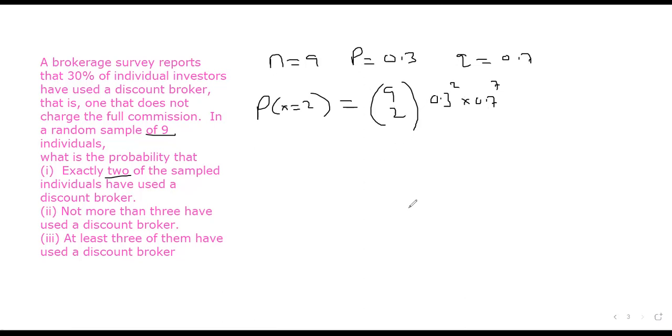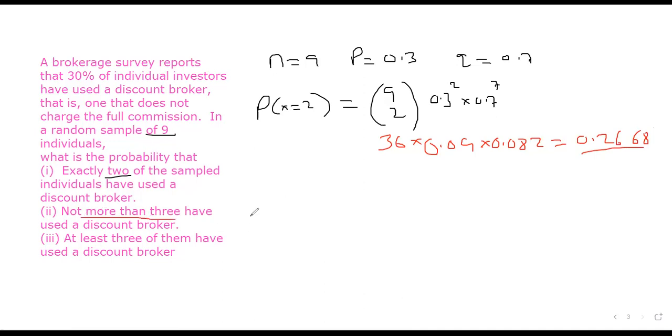You can use a calculator: we get 36. 0.3 to the power 2 is 0.09. 0.7 to the power 7 is 0.0824. Multiplying this by 0.09 and 36, we get 0.2668. That is for exactly 2.